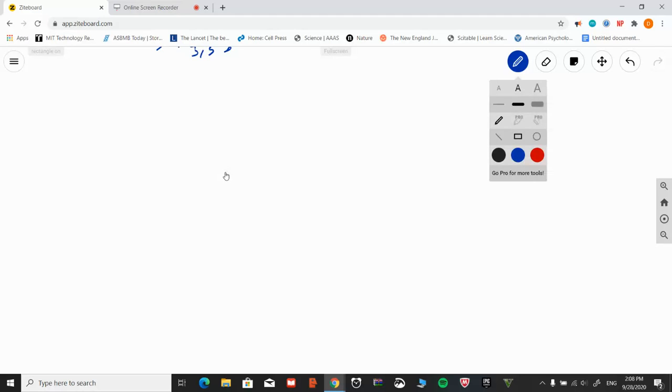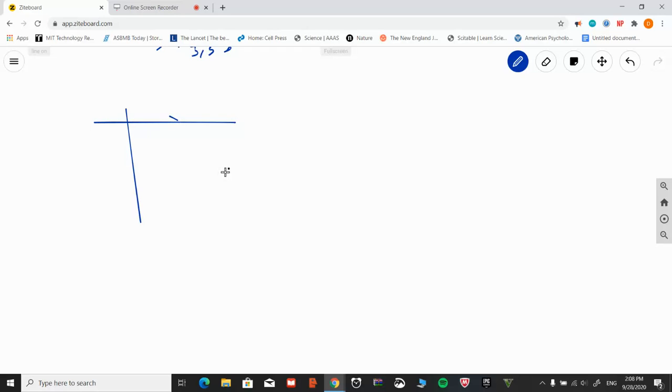So, for example, let's say these are your x values and these are the frequency, except the same thing, right?